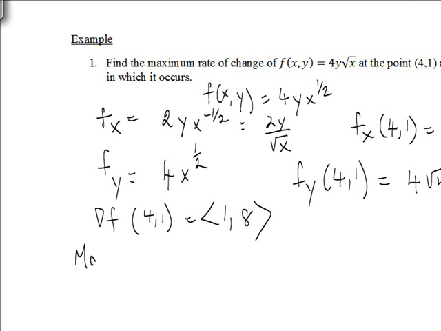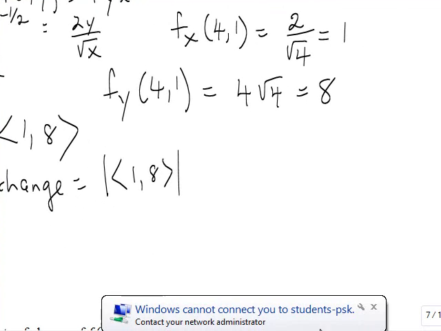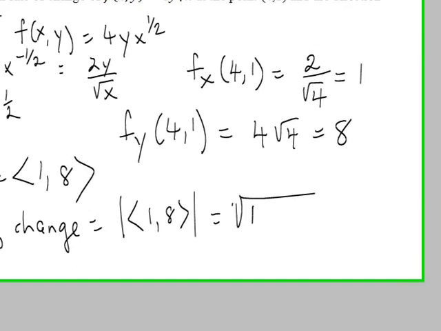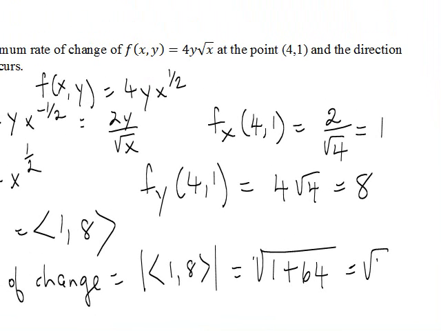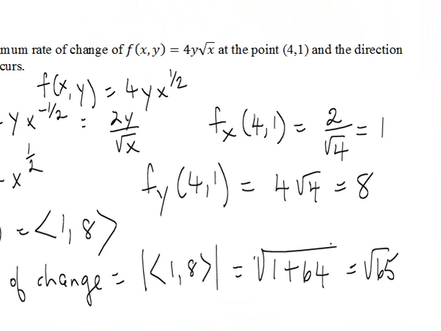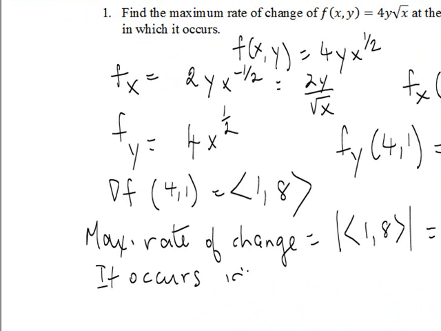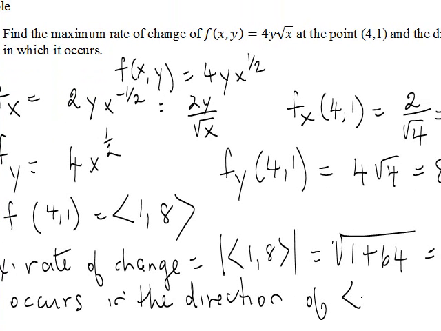So the maximum rate of change is the length of this vector <1, 8>, and that is equal to the square root of 1 plus 64, which is square root of 65, and it occurs in the direction of the gradient, in the direction of <1, 8>.